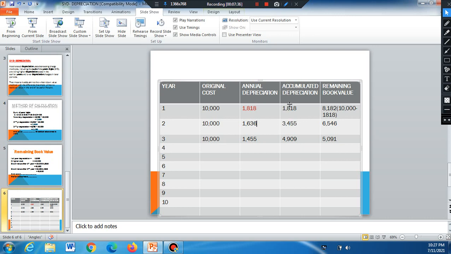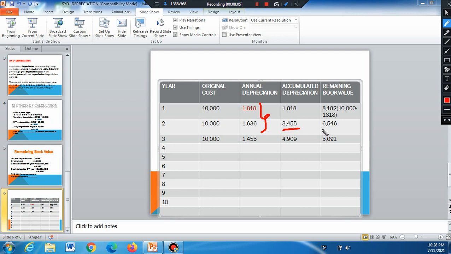Accumulated depreciation 1818 plus 1636, because after 1 year the depreciated value was 1818. After second year, more depreciation took place, 1636. Okay, so what is happening here? This amount and this amount will be added and written here, 3,455.